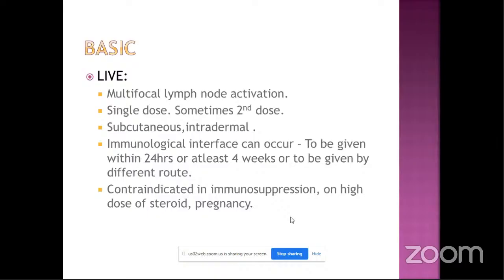So between two live vaccines, you need to have a gap of 4 weeks. Or in certain circumstances where you have to administer for the betterment of the patient, it has to be given by a different route. For example, if the first live vaccine was given subcutaneously, then the second has to be given intradermally or by any other route.